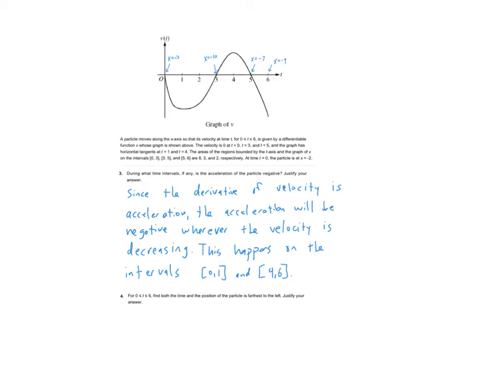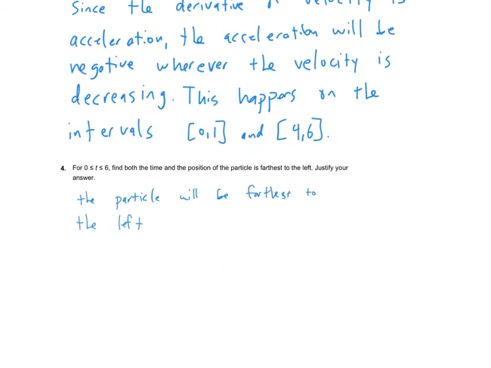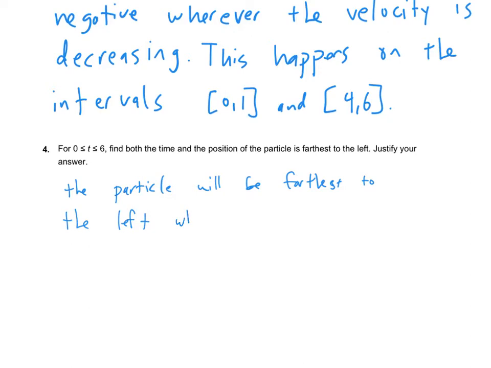So find both the time and the position: the particle will be farthest to the left at t equals 3, and its position will be x equals -10.